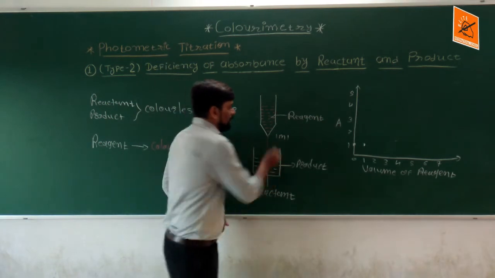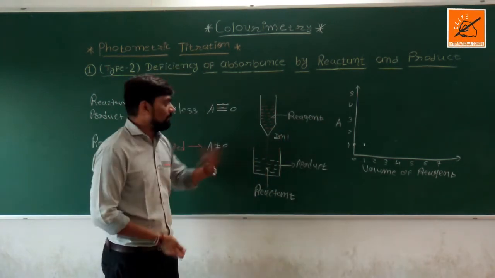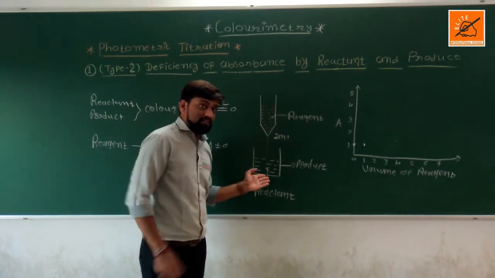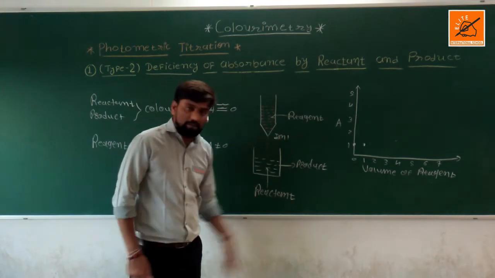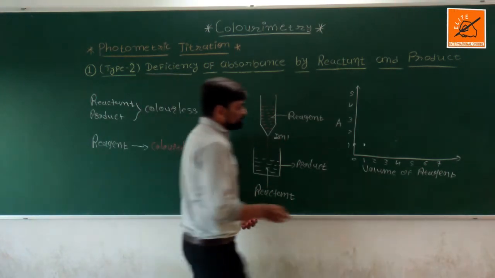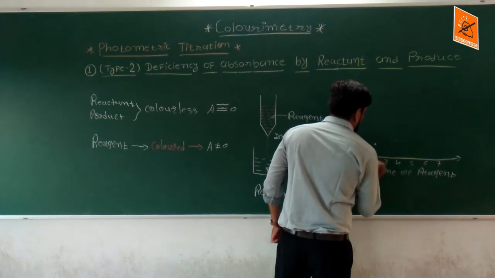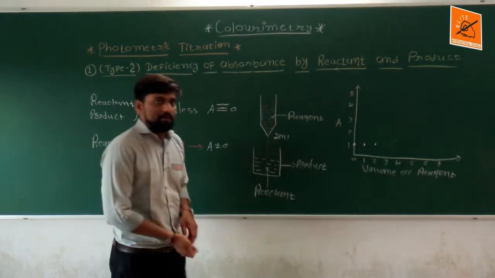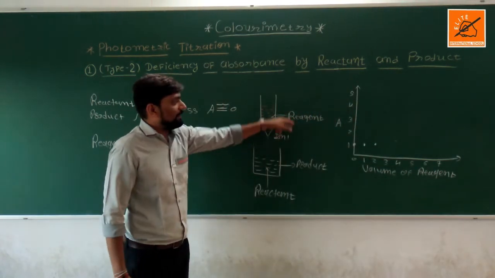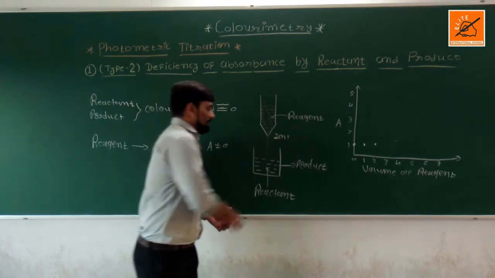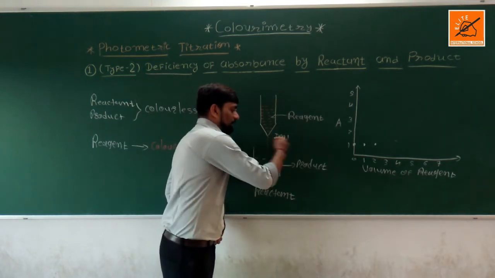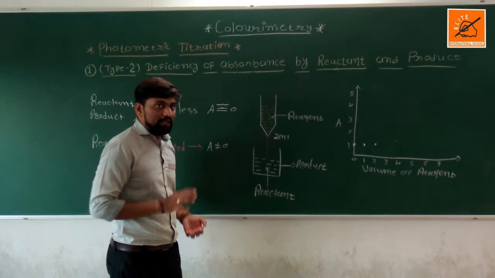Then we add a second ml, meaning another 1 ml of the reagent. At that time this other ml of reagent converts into the product. That's why the absorbance value will be constant when 2 ml of reagent is added into the flask. So with gradual addition of reagent, the reactant gradually converts into the product up to the end point.